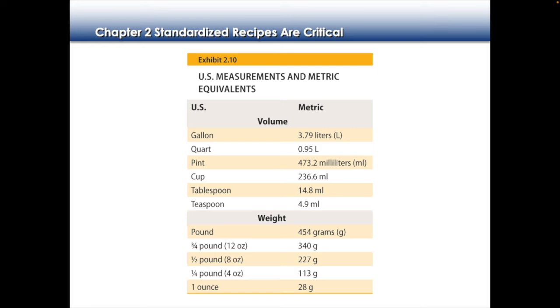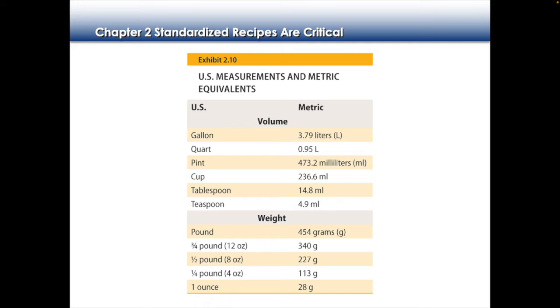You can see the gallon, 1 gallon is equal to 3.79 liters. This is really handy if you are in Europe and you're trying to figure out how much a liter of petrol is, or as we call it, fuel, gasoline. But typically you're not really going to worry that much about that.